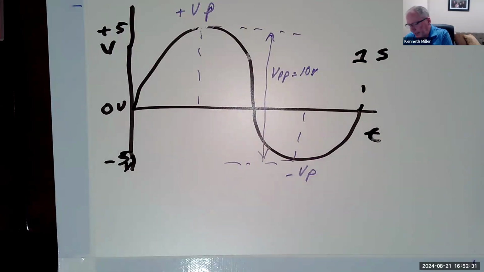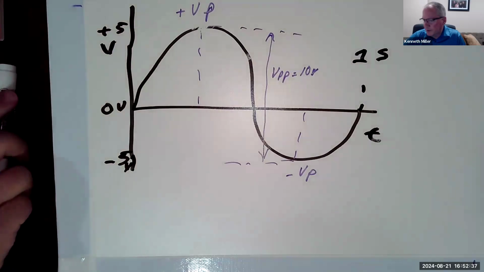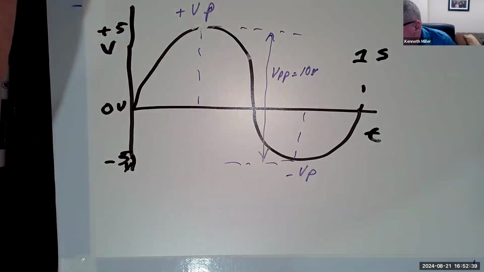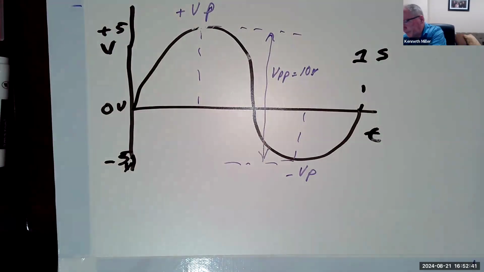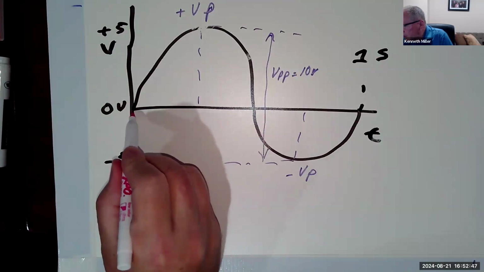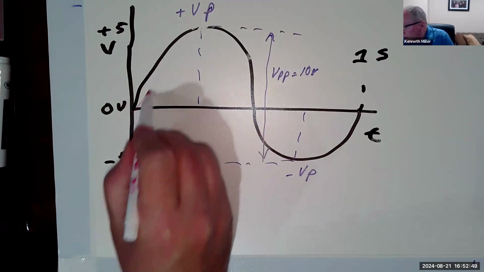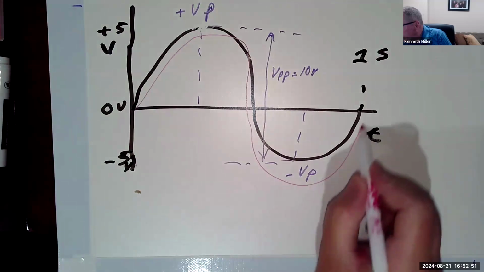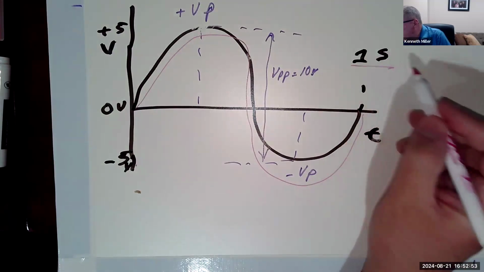All right. And then the other thing we would measure here would be the amount of time it takes. So here we would say it goes through one complete cycle in 1 second.